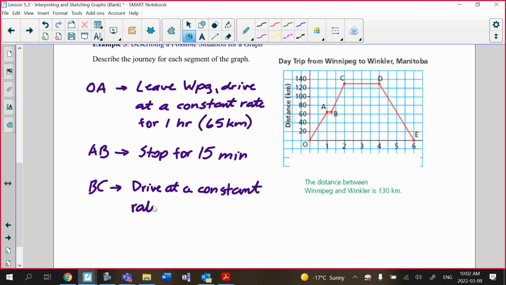No, that's wrong. 45 minutes, thank you, because every grid line is half an hour. So 15 minutes to this grid line and then half an hour to that grid line. So drive at a constant rate for 45 minutes. And we could say how far we drove, or we could just say what's happened here? We've arrived in Winkler.